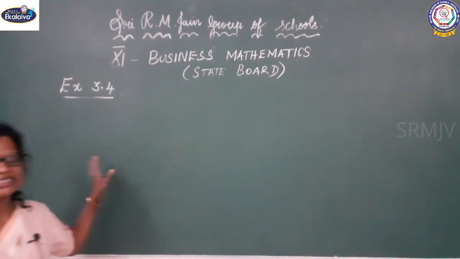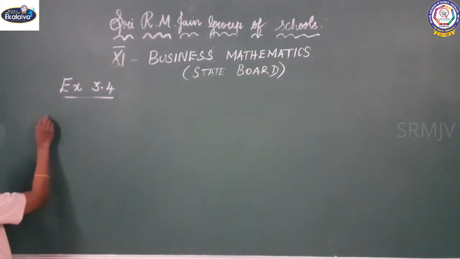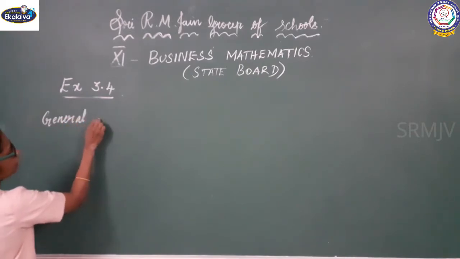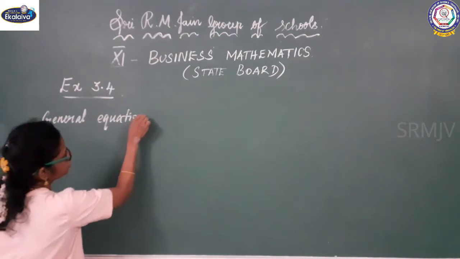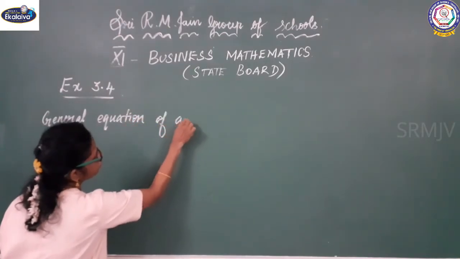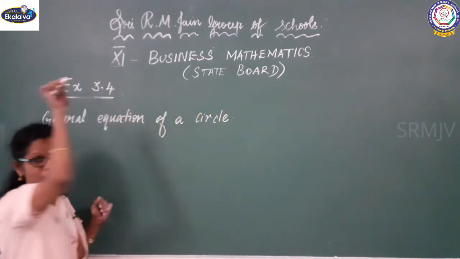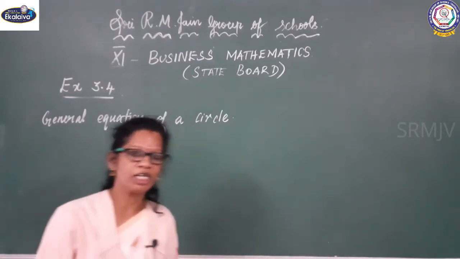Now I am going to discuss the general equation of a circle. First one I have discussed: if the center and the radius are given, how to find the equation of a circle.